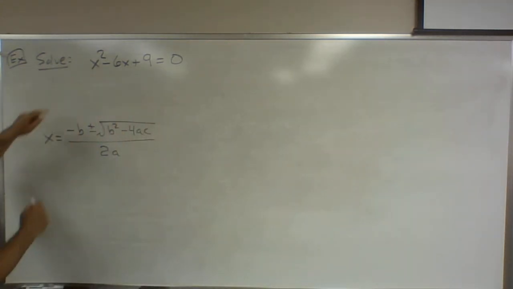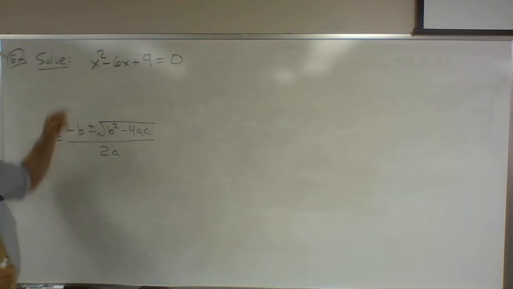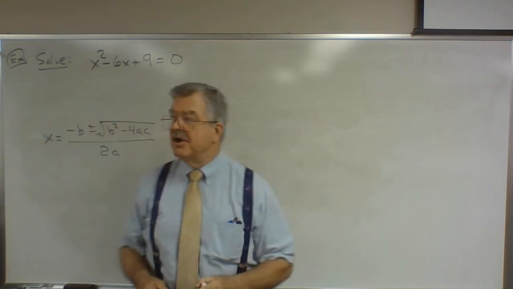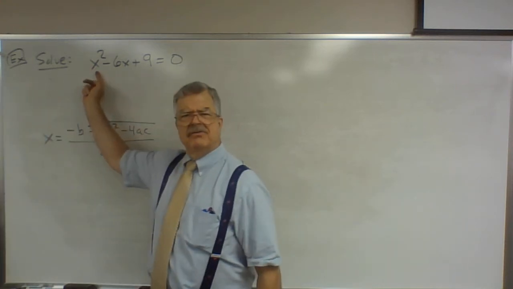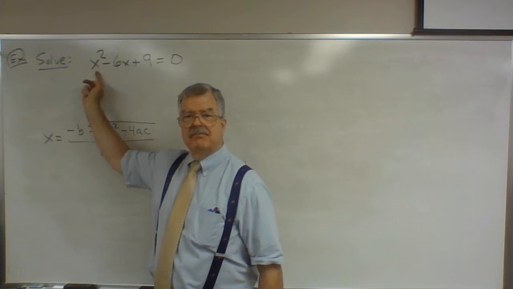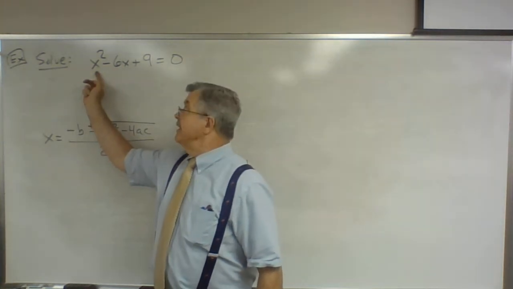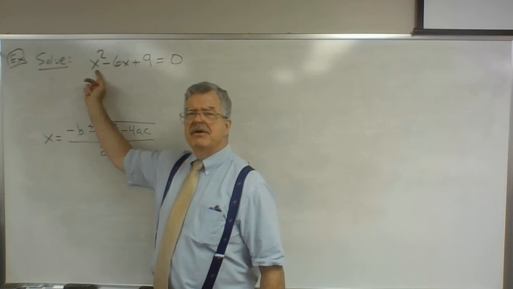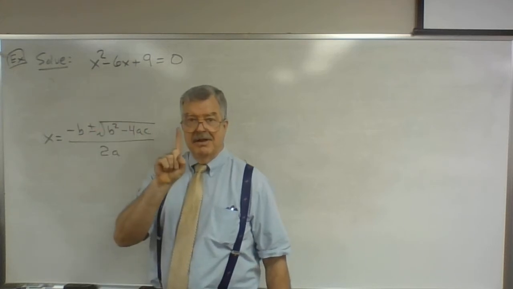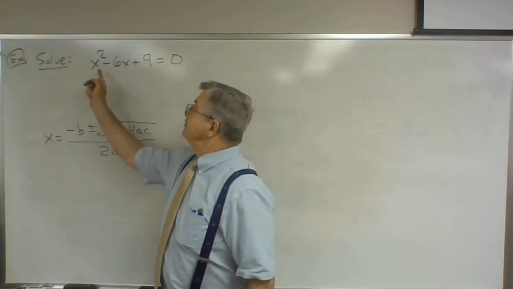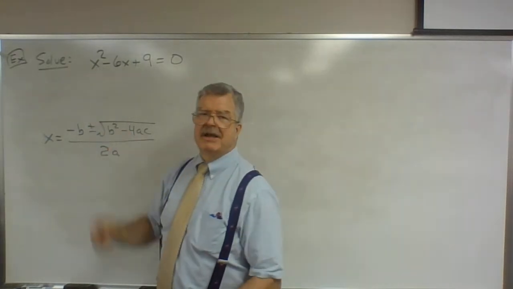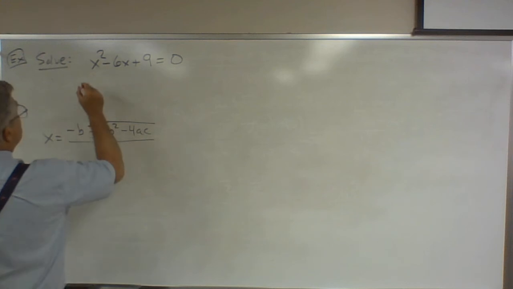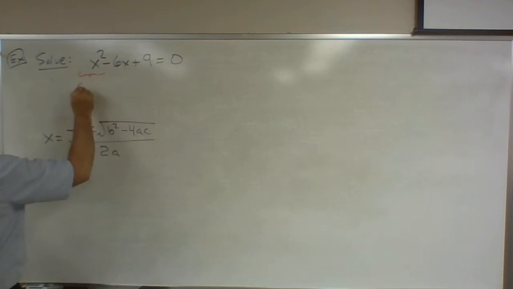We have an x squared here, and A is the coefficient of x squared. Well, I don't see a coefficient of x squared. If there's an x squared term here and we don't see a coefficient, that's because the coefficient is 1. This is really 1 times x squared.